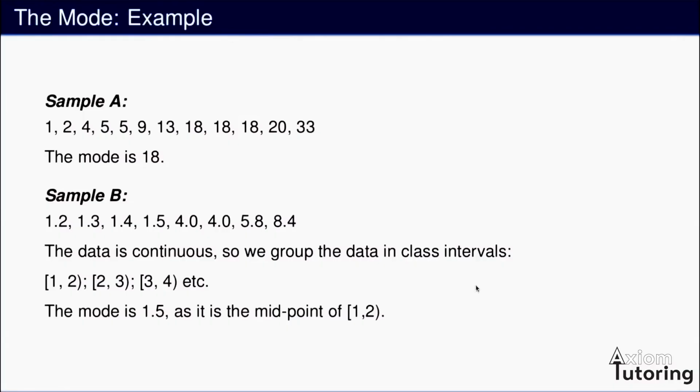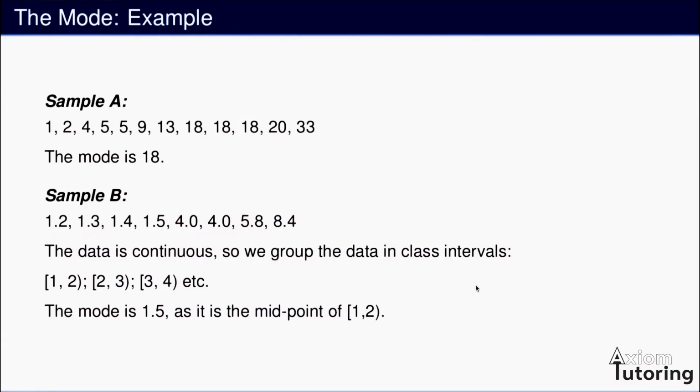Here we see that 1.2 occurs once, 1.3 occurs once, 1.4 once, 1.5 once, 4 occurs twice, 5.8 once, and 8.4 occurs once. If you just took this at face value, you would say the mode is 4 because it occurs twice, whereas all the other values only occur once.